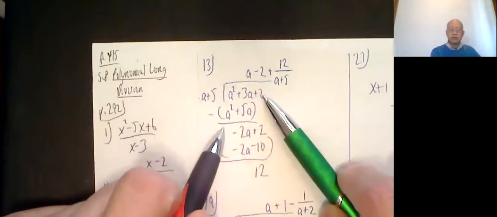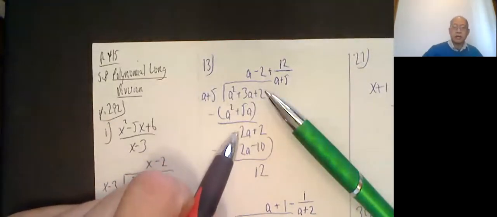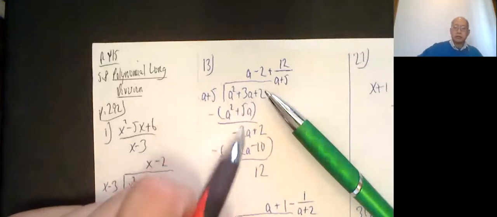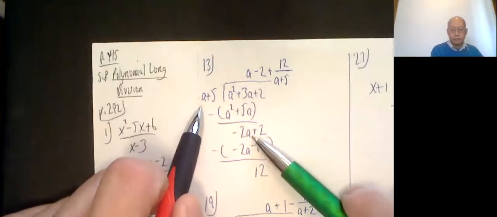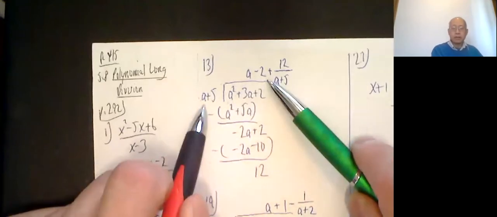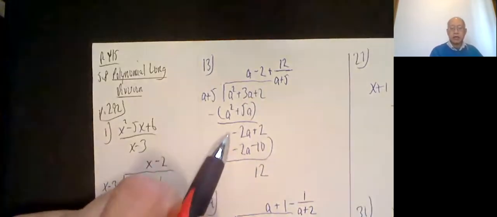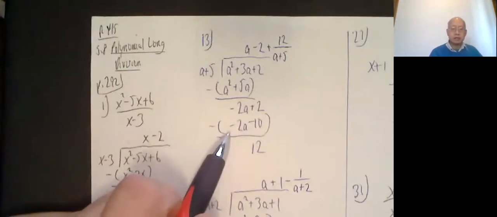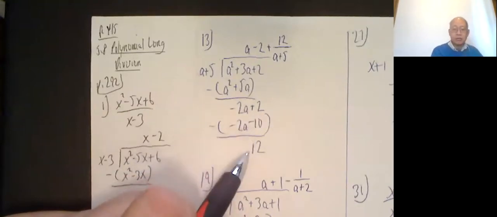A squared minus a squared is nothing. 3a minus 5a is negative 2a. Bring down the plus 2. Start over. How do you go from a to negative 2a? Negative 2. Now take negative 2 times this whole thing, negative 2a minus 10, subtract. Negative 2a minus a negative 2a cancels out to be 0. 2 minus a negative 10 is 12.